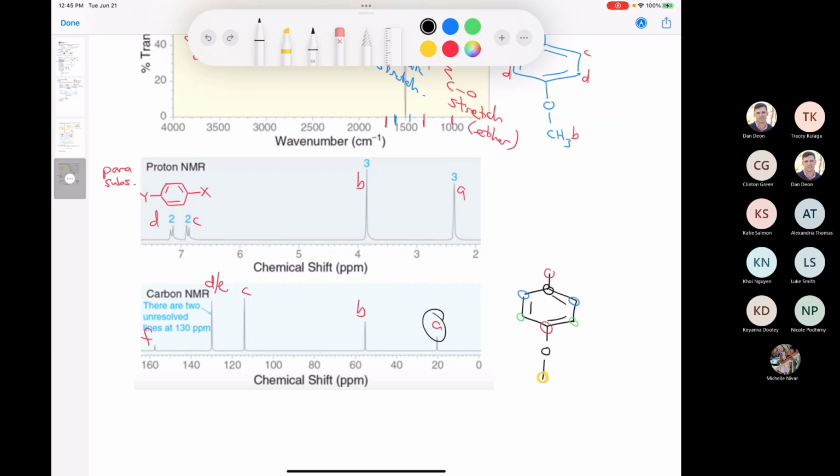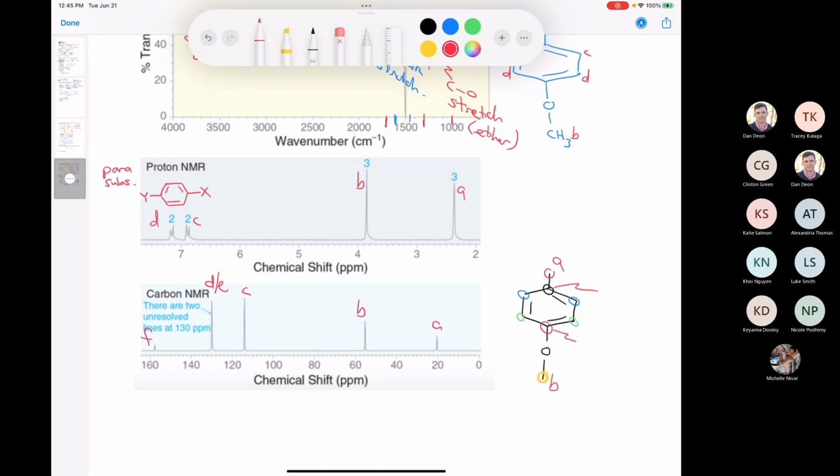So that makes sense. Well, A is going to be the most shielded carbon in there. So I would say that's going to be the methyl group that's not attached to the oxygen. So this would be the A carbon. Then we have the methyl group that's attached to the oxygen. So this would be B. For C, D, E, and F, I would say that F and E would probably be these ones.